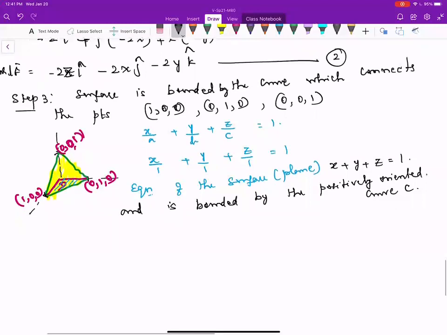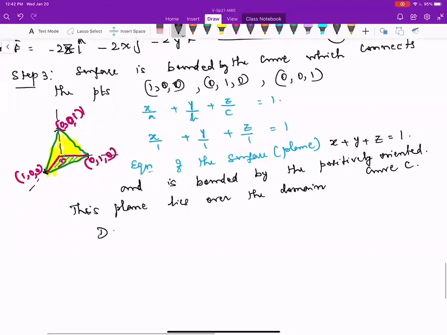Now this plane lies over the domain D. If you consider the two-dimensional figure of the triangle below, in the x-axis and y-axis, it cuts the x-axis at 1 and the y-axis at 1, so at (1,0) and (0,1).